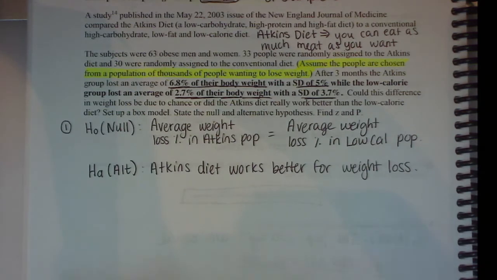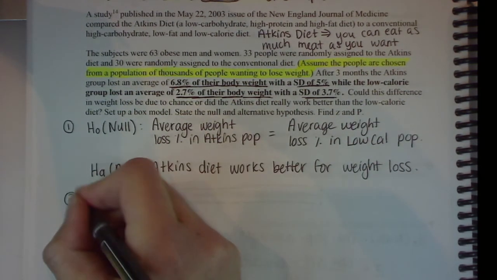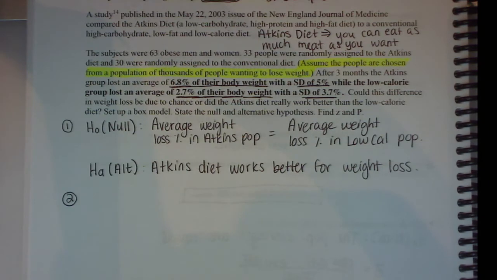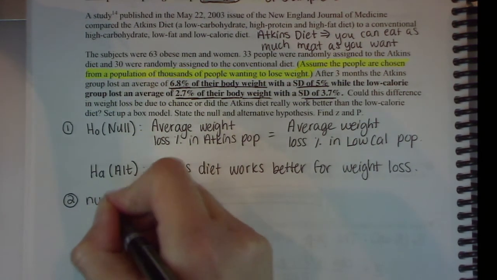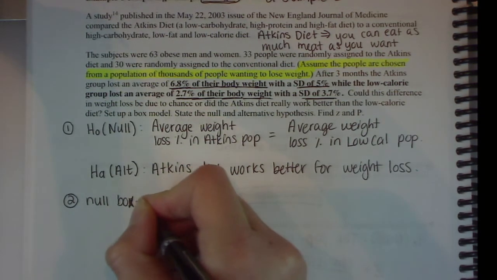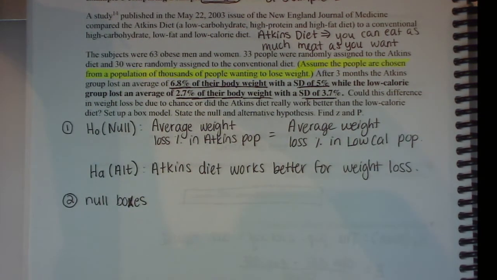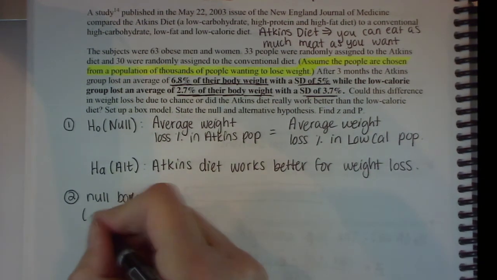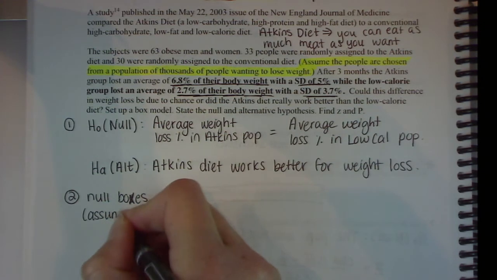Step two is to draw, I always say, draw your null box. But for the two-sample z-test, we actually have two boxes. We have two null boxes, because we have two samples. And for the null box, you always want to assume the null is true.